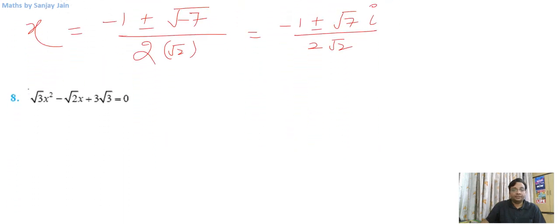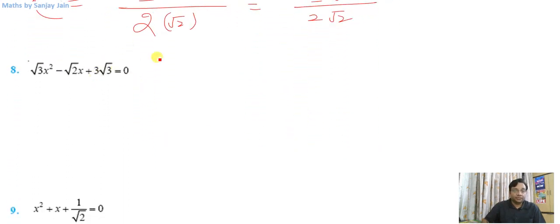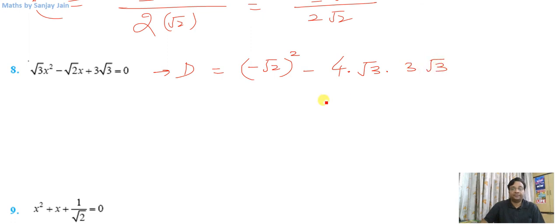Next, the discriminant in this case will be b squared, that is minus root 2 squared, minus 4 into a into c, that is 3 root 3. So it is 2 minus, root 3 into root 3 will give you 3, 3 into 3, 9. 9 into 4 is 36. So it is minus 34.